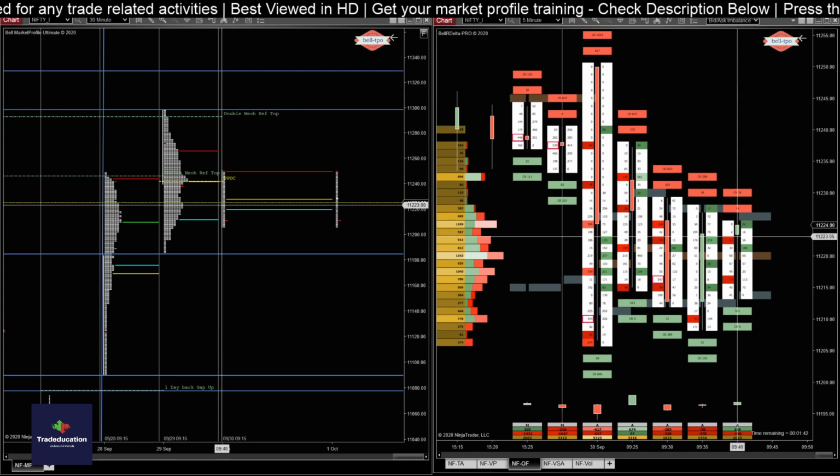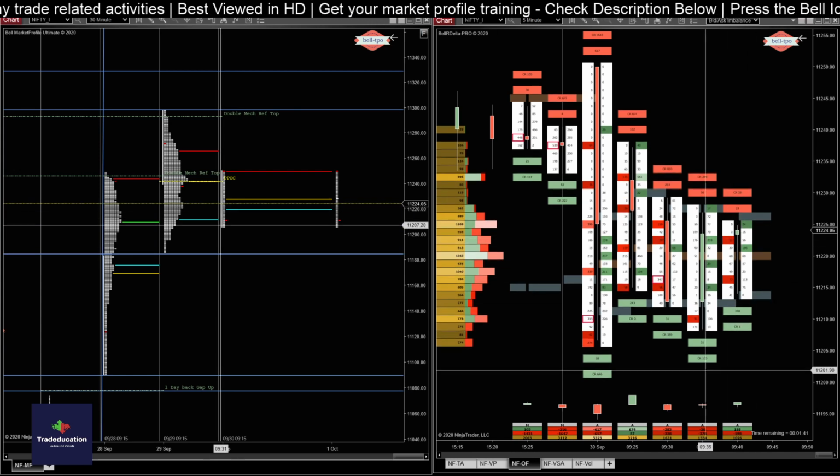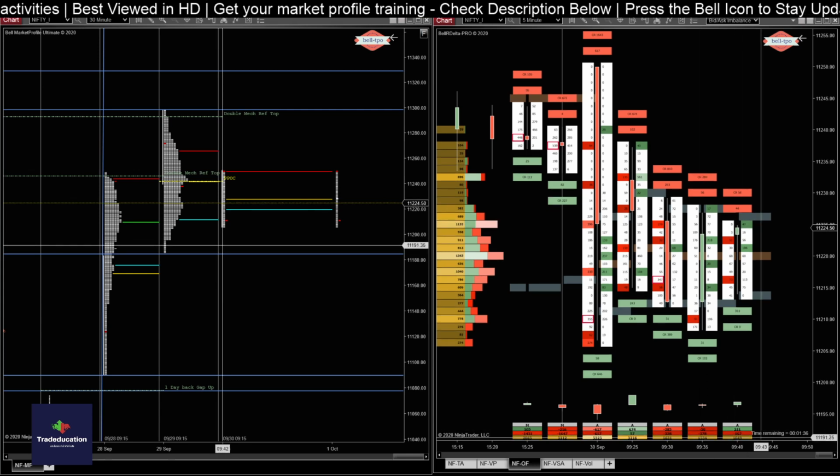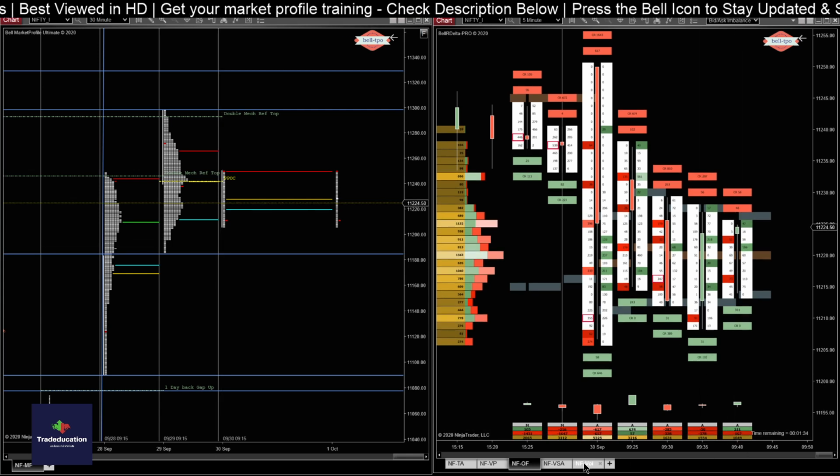So good rejection forming around VWAP. Selling pressure is getting absorbed.